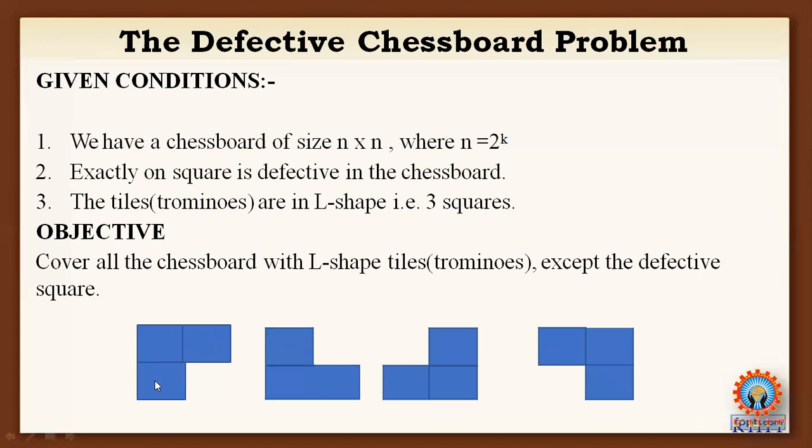This is one shape, this is another shape, this is another shape. These four have four different shapes, and are considered trominos or tiles. A tile or tromino is L-shaped, formed by a combination of three squares.